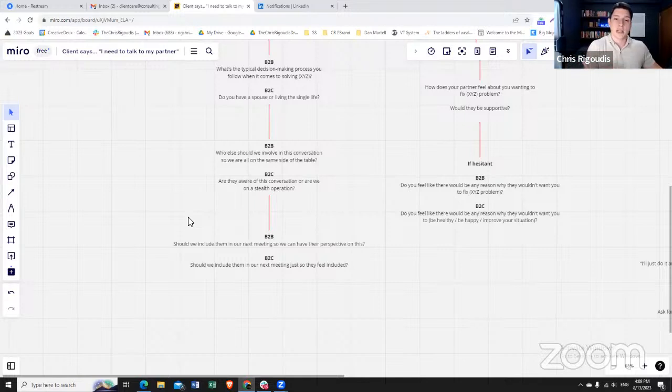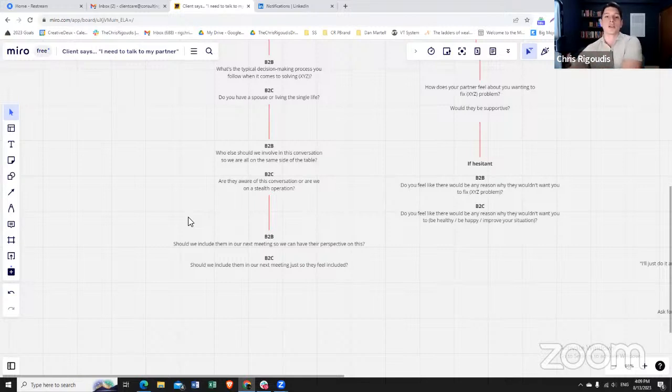This question also allows us to unveil any red flags. So maybe it's a person who has bought 3 different programs or 3 different solutions in the past, and the partner is now skeptical. If they haven't shared with them that they're having another conversation, it's a red flag. It can cause us to get ghosted at the end, or we can lose the sale because of that partner resistance.